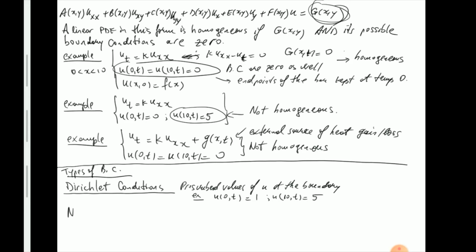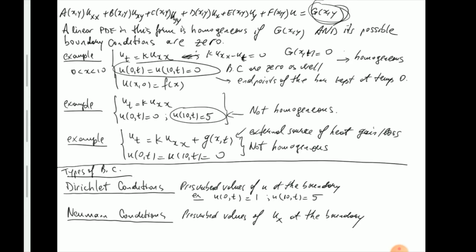Then we have the Neumann conditions. These are the two major ones we're going to talk about because they lead to those familiar Fourier series that we talked about already. These are prescribed values of u_x, the partial of the temperature gradient in the case of the heat equation, so of u partial x at the boundary points.